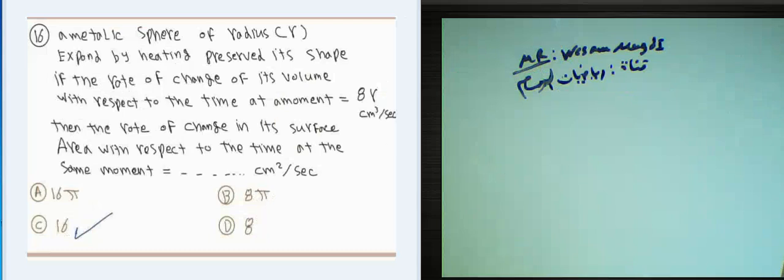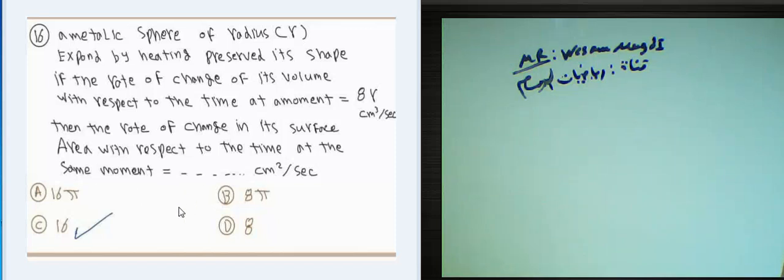Question 16. A metallic sphere of radius r is surrounded by a chain. If the rate of change of its volume with respect to time at a moment equals 8r, then the rate of change in its surface area with respect to time at the same moment equals what?